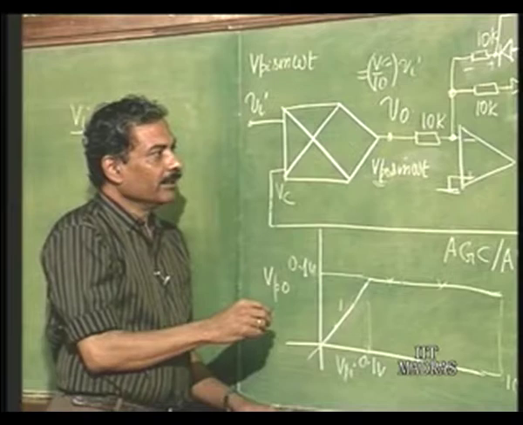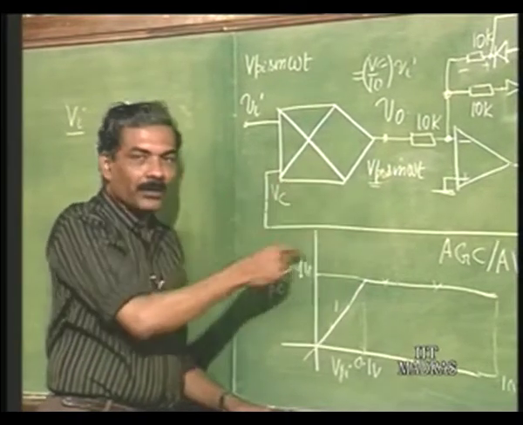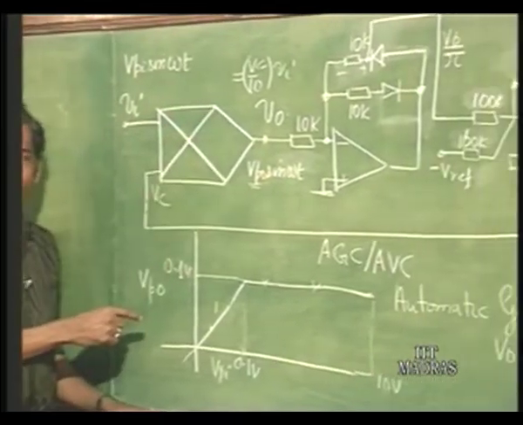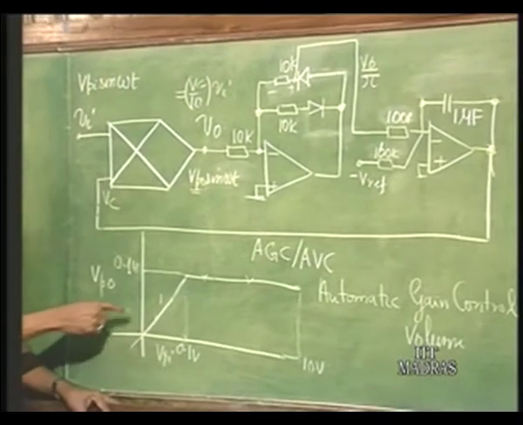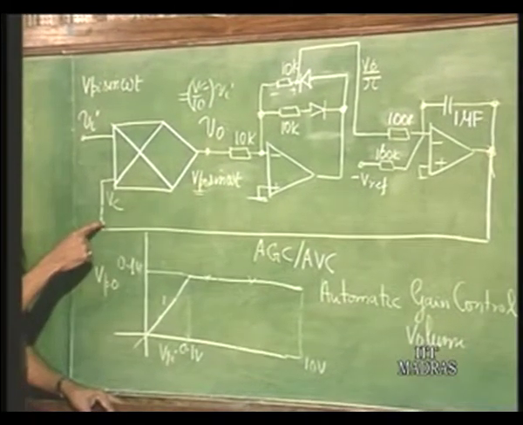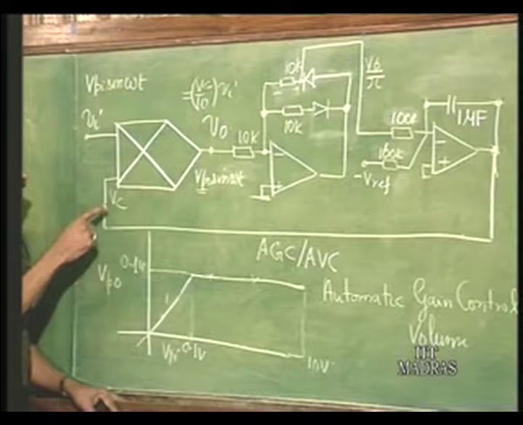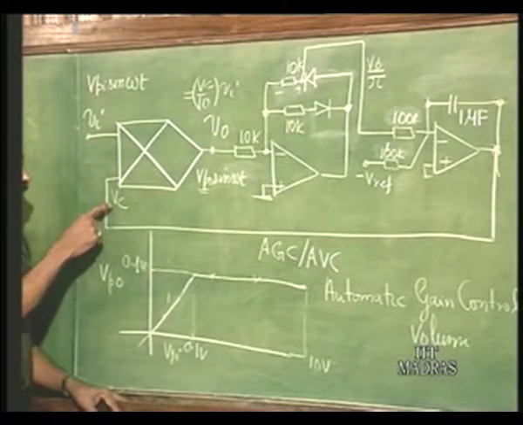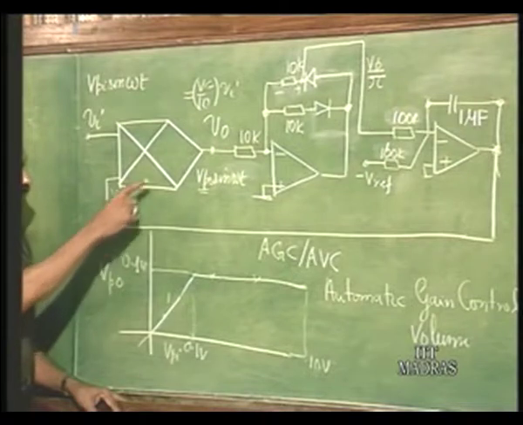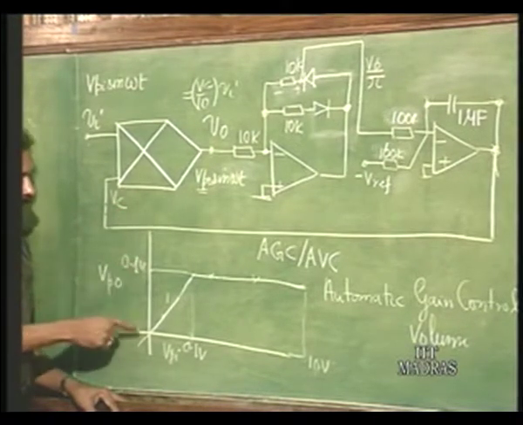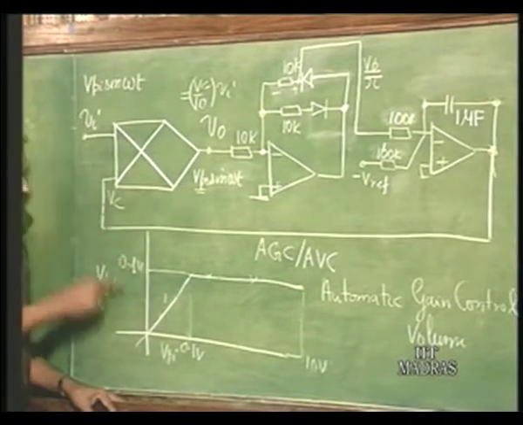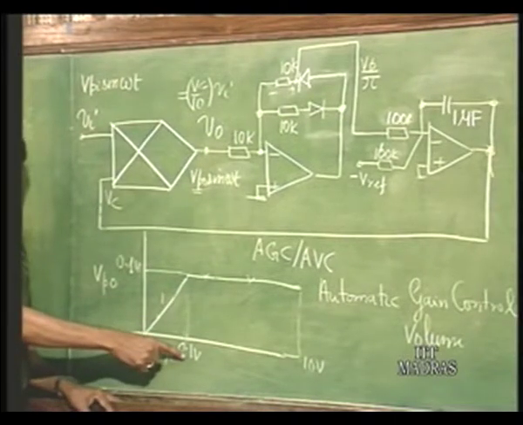So, until your gain required for adjusting this was less than 1, it will remain at the maximum. The control loop will be such that V C will remain at the maximum 10 volts, and therefore, the gain will remain at 1 until this input reaches 0.1 volt.